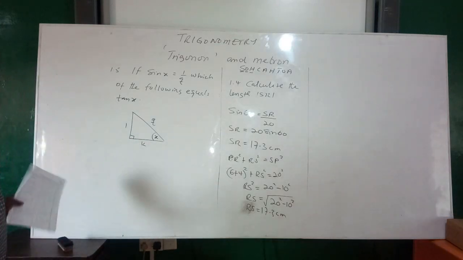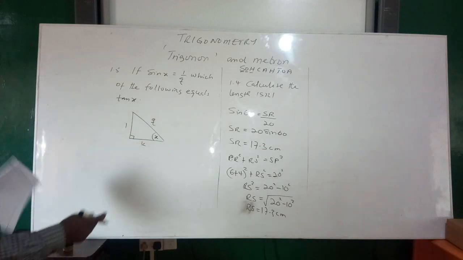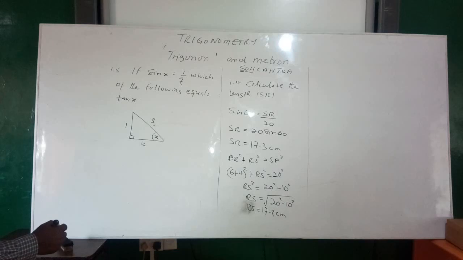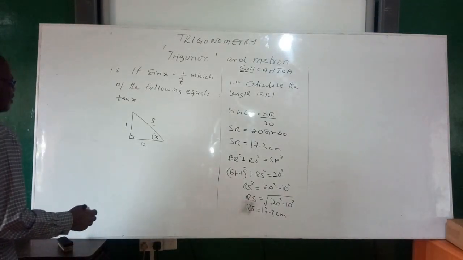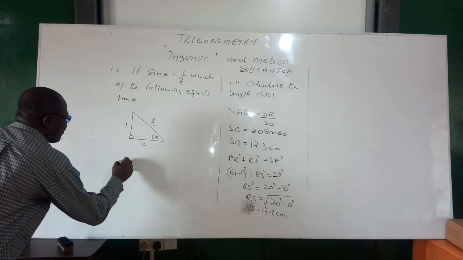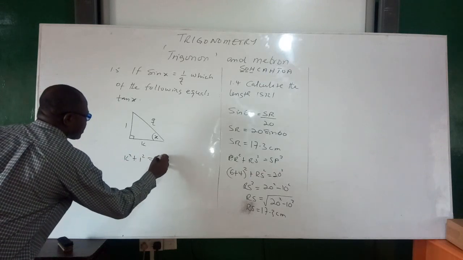When we know k, we can still go to SOHCAHTOA and use the values that we found to define tan x. So let's use Pythagoras theorem. We'll have k square plus 1 square equals q square.